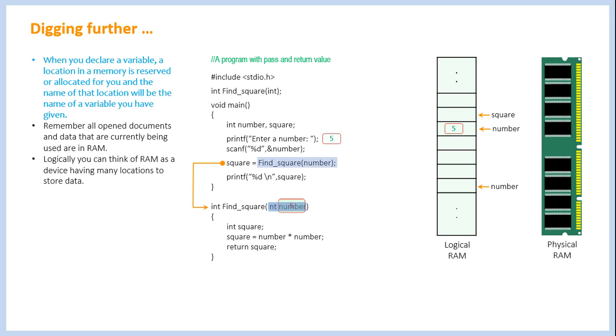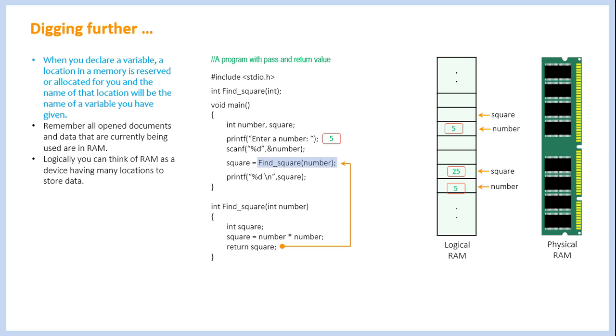So this is what really happens. Again, when the computer sees int square, it reserves a location. Say this location is reserved and the name of this location will be square. Now when you say 25 is in variable square, it is in the location whose name is square. So 25 will be here.